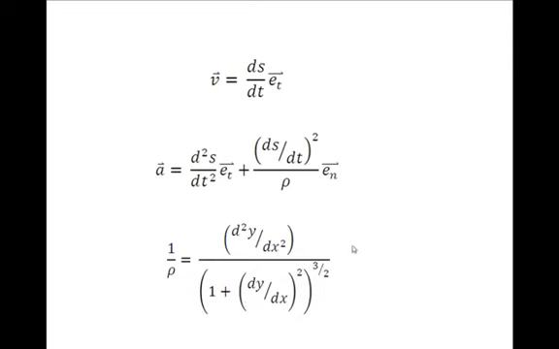Now this we are not deriving, it's a standard mathematical result and we are going to accept it. These three are going to be our basic equations for solving all the problems of kinematics of particles in curvilinear motion. So we are going to look at the problems in the next video.